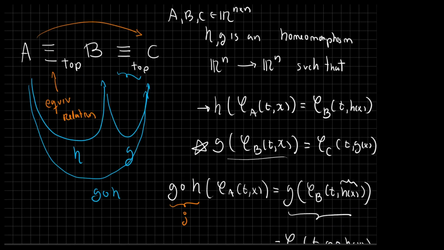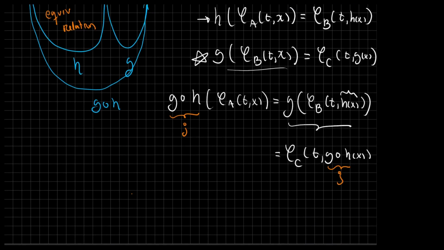But then you also remember that the composition of homomorphisms is a homomorphism. I mean, because for a homomorphism to be one, it needs to be continuous, it needs to be a bijection, and its inverse should also be continuous.